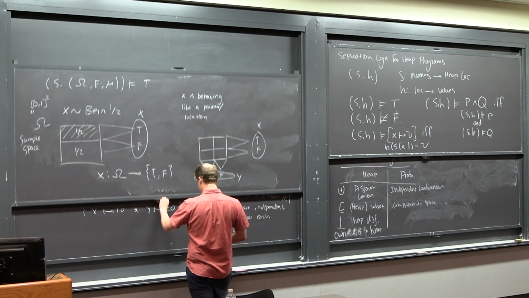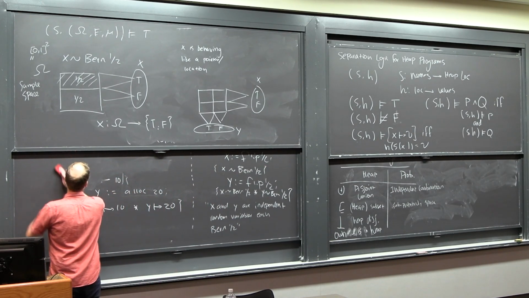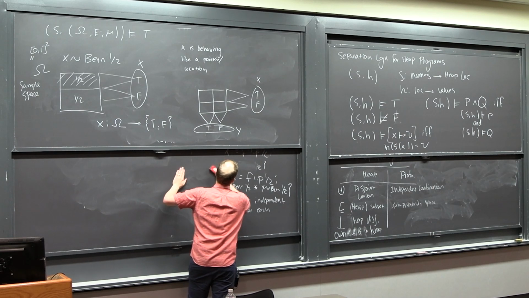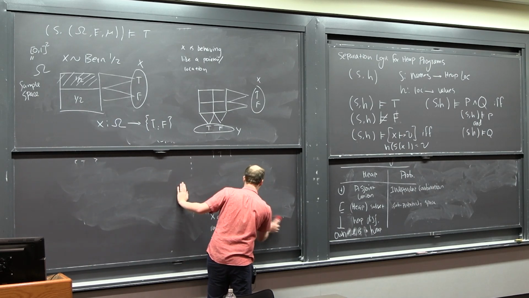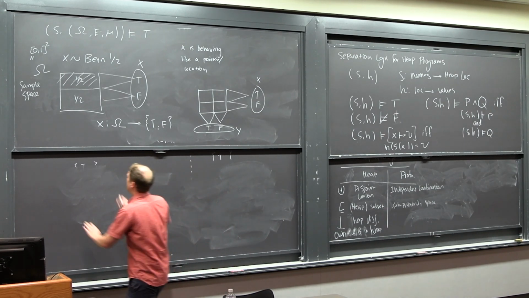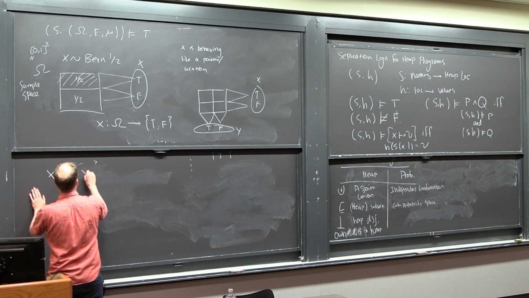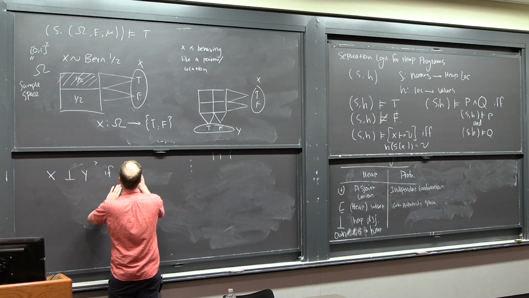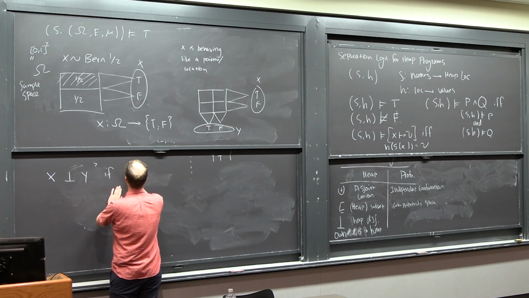So we'll say x is independent from y as a random variable if their probability factorizes.